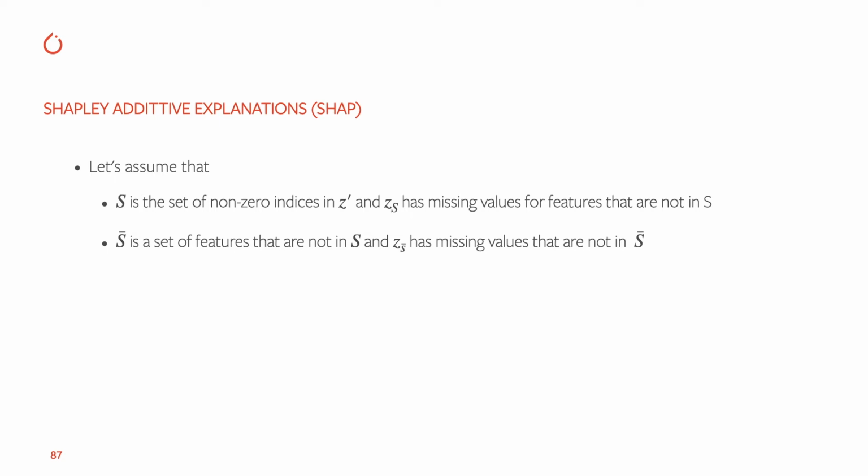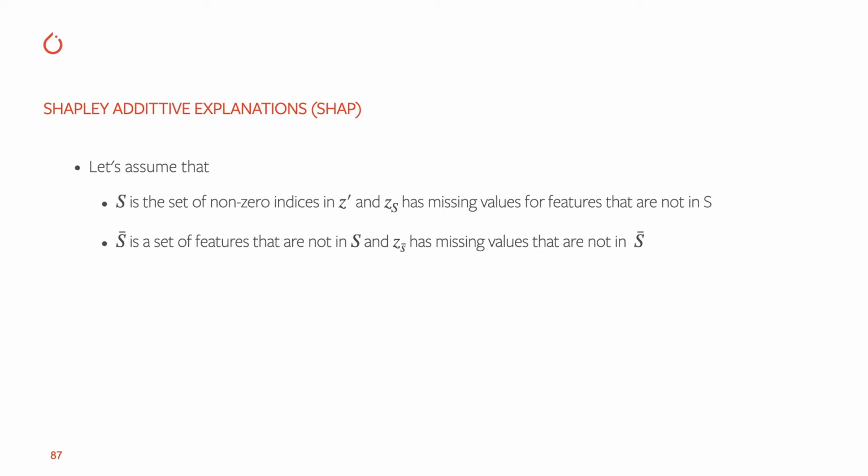Now let me introduce a couple more notations in order to be able to explain SHAP fully. So let's also introduce the set S, which is a set of non-zero indices in Z prime, and Z_S has missing values that are not in S. Let's also define a set S complement, which is a set of features that are not in S, and Z_S complement has missing values that are not in S complement.